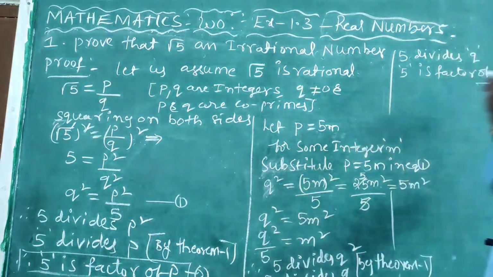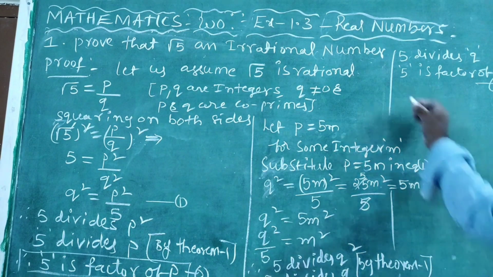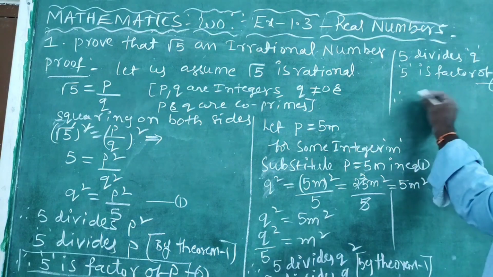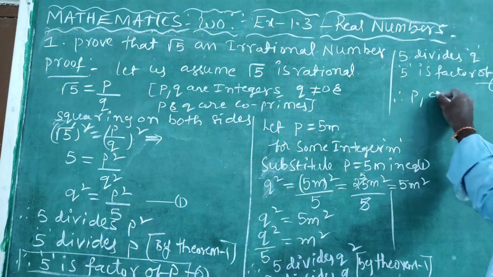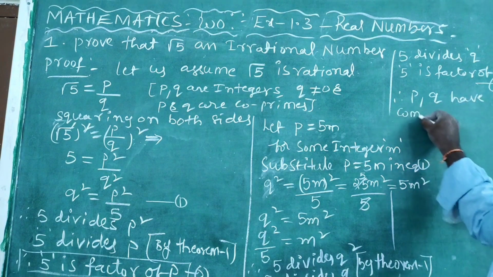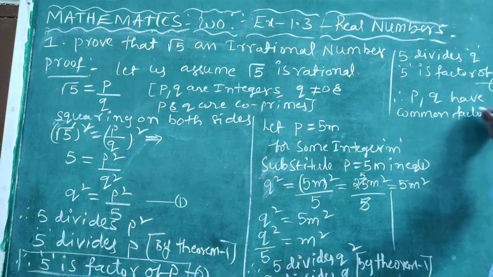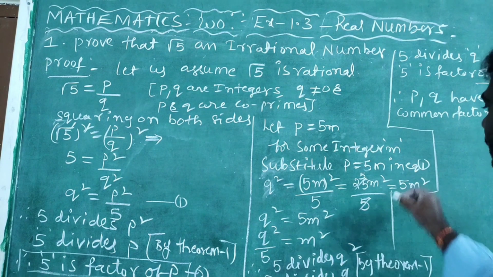From 2 and 3, what can we say? Therefore P and Q have a common factor 5.